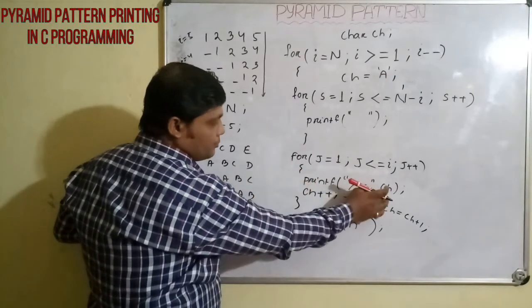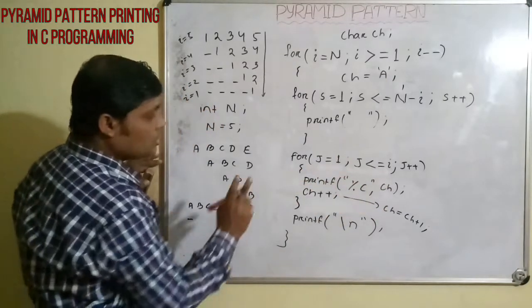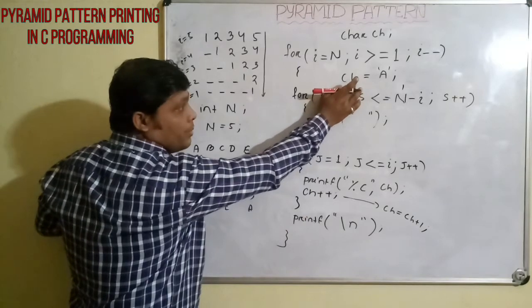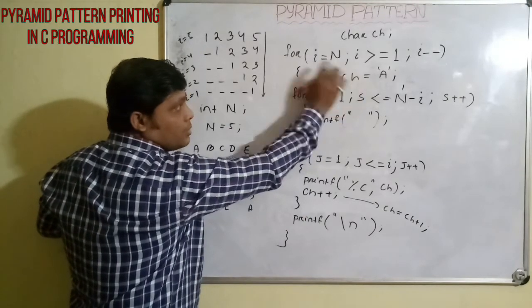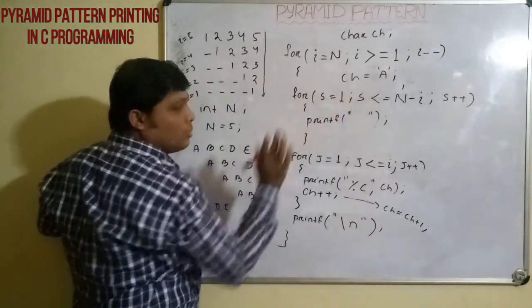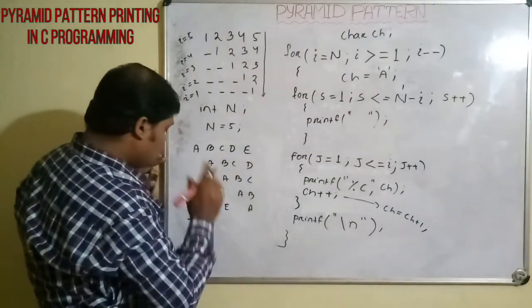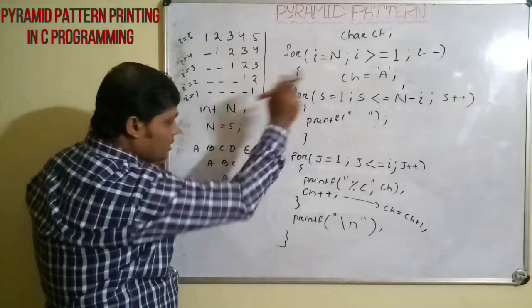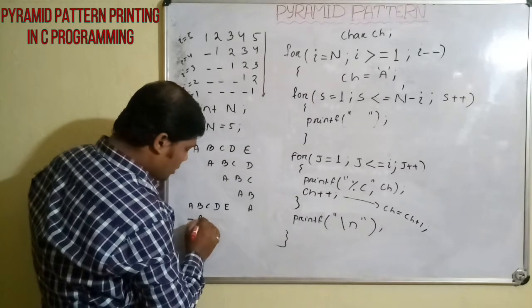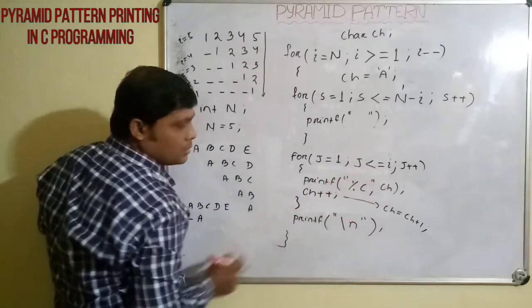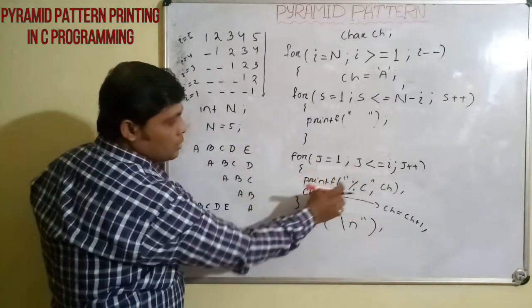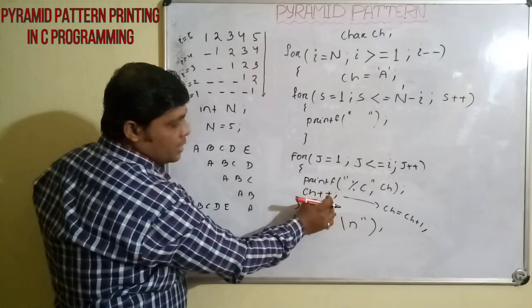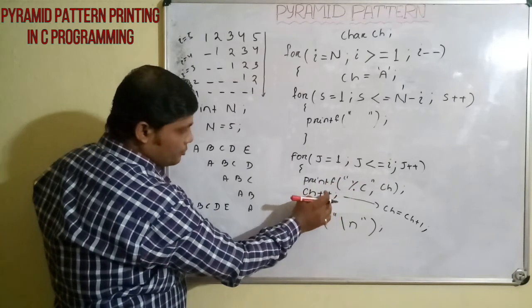So for J equal to 1, it will print the CH value. CH value is now modified to what? A, because for each I it will be modified to A. Clear? So for each line it will start from A. So it will print what? CH value, that is A. When J value is 2, CH is modified inside this J loop.